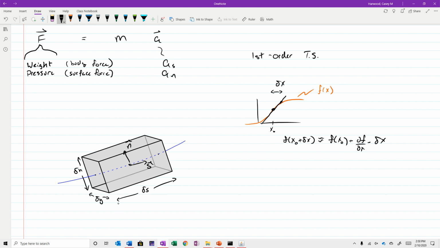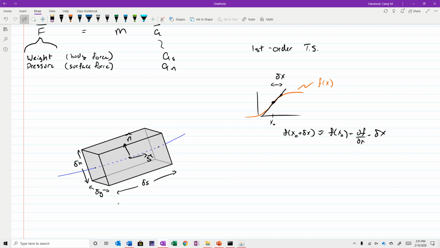Now over here on the side, I'm going to draw in our X, Z, Y coordinate system, and we've got our S and N coordinate system. So basically our SN coordinate system is just rotated up through some angle we'll call theta.